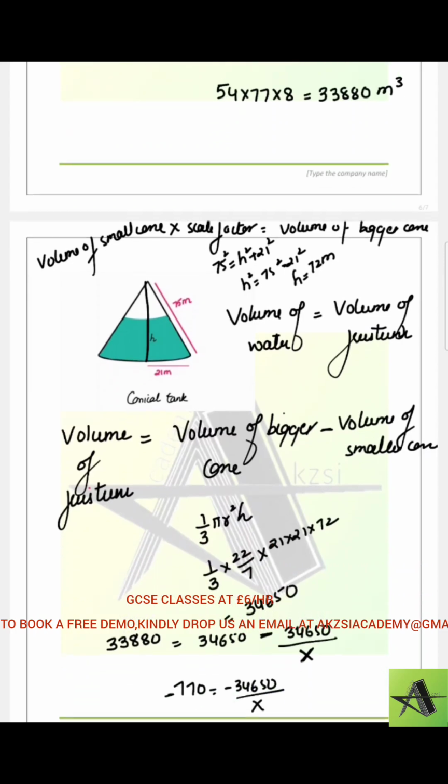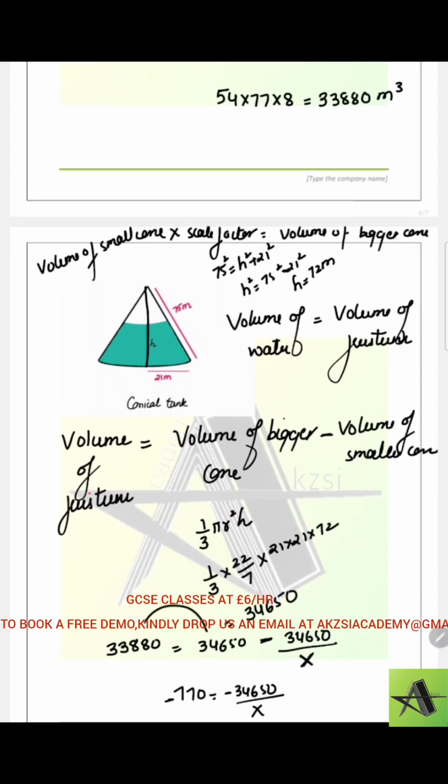On solving, I move this to the right hand side and get negative 770 equals negative 34650 over x. So x, your volume scale factor, is negative 34650 over negative 770, which is 45.